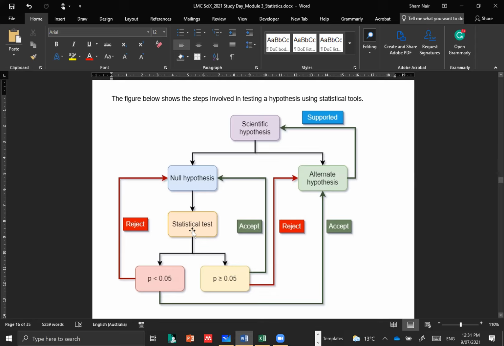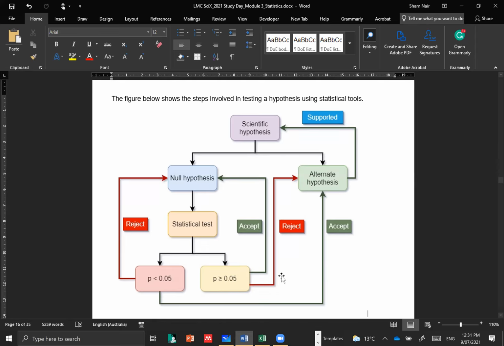By the same token, if p is equal to or greater than 0.05, you have to accept the null hypothesis. If you accept the null hypothesis, you reject the alternate hypothesis. If you reject the alternate hypothesis, you'd say that the scientific hypothesis is not supported.